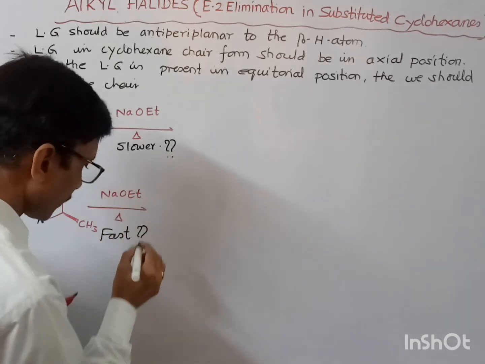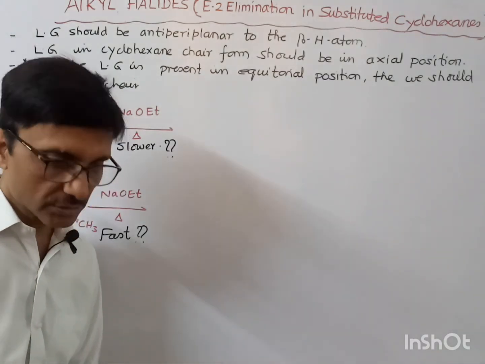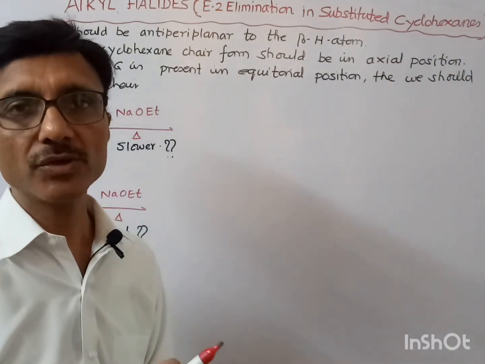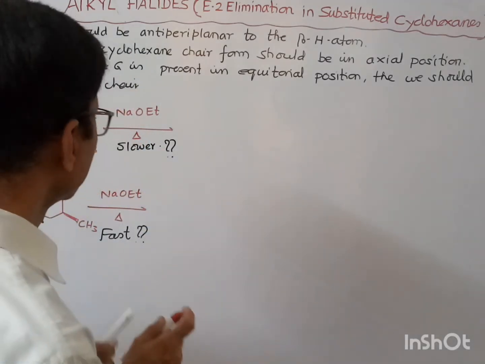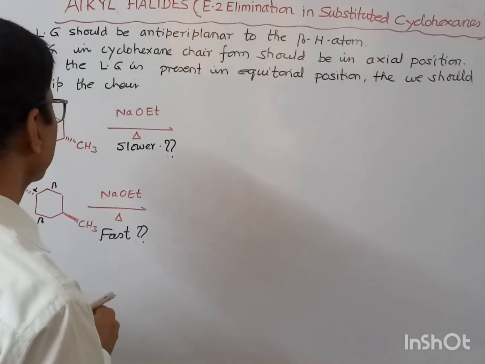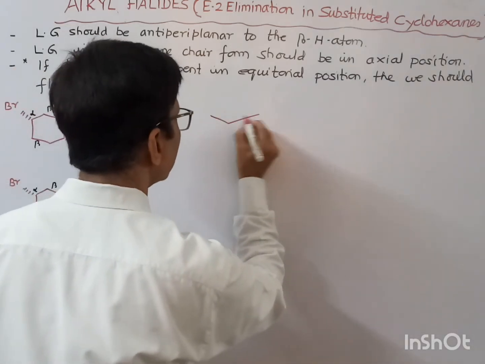You can find the reason if you draw its chair form. So let's draw the chair form for it. If I draw the chair form for this, then what will you find?